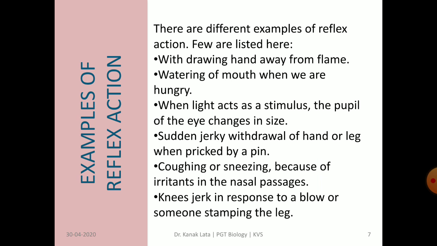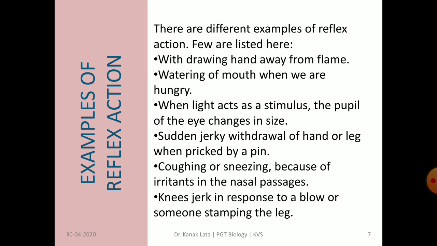What is the change in the size of the pupil in dim light? In dim light, the size of the pupil increases, whereas in bright light, the size of the pupil decreases. Then, sudden jerky withdrawal of hand or leg when pricked by a pin or nail.